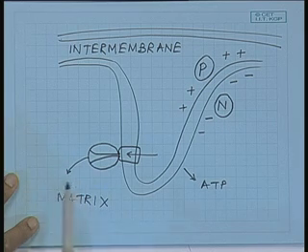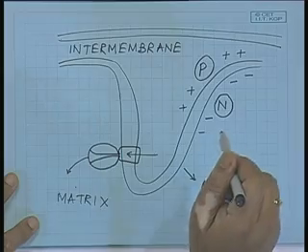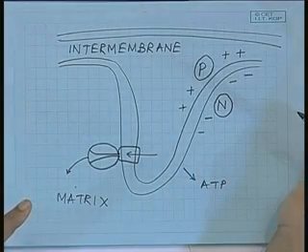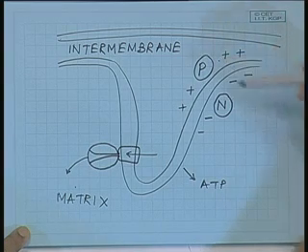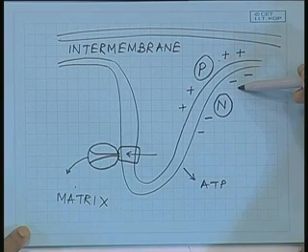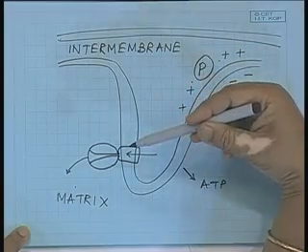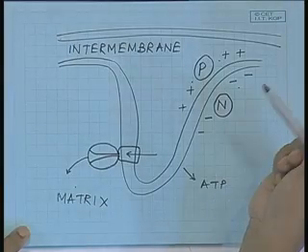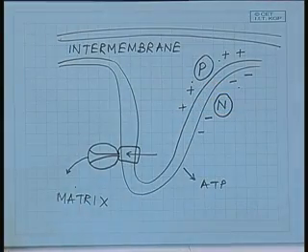That means protons have to be pumped from the inside to the outside against a proton gradient. Because there is a positive charge on the outside here, there is a negative charge on the inside. But since we require the protons for the ATP to be produced, protons have to be pumped. Where? To the intermembrane space. Okay? That is what we have here.